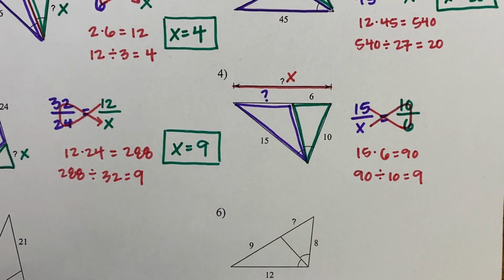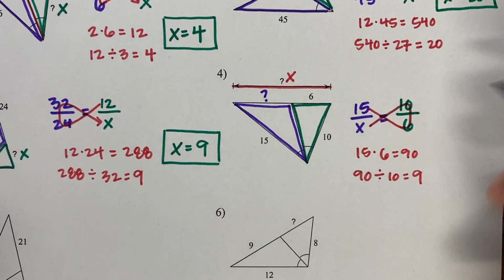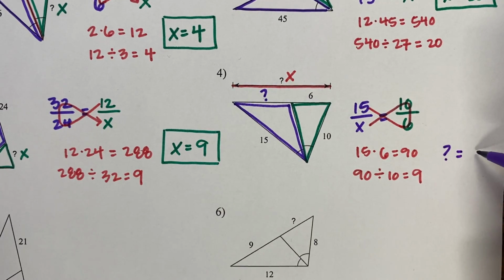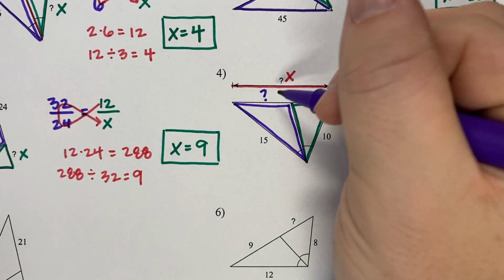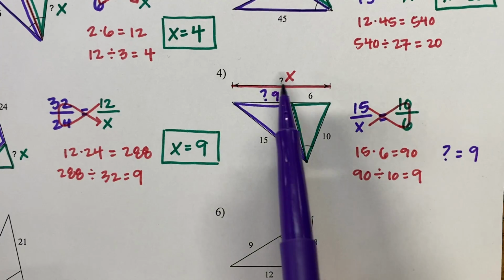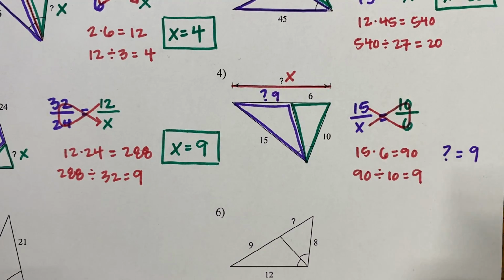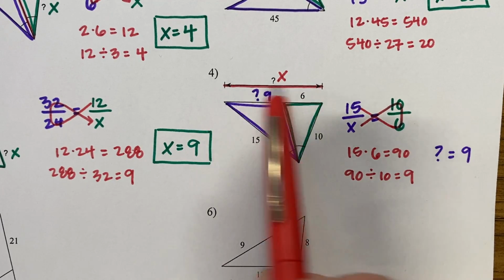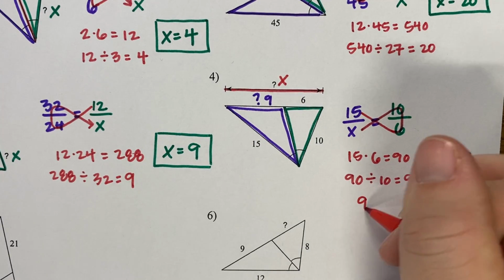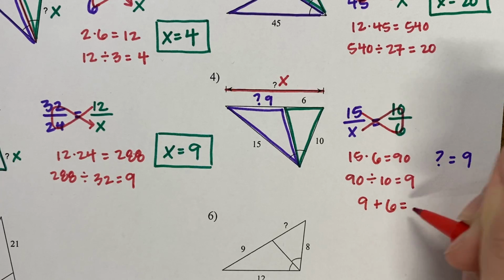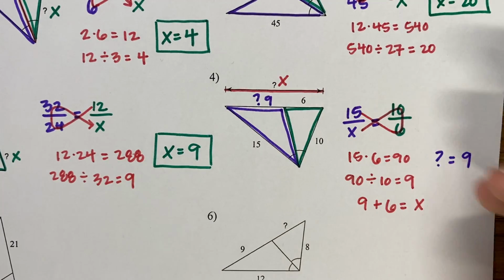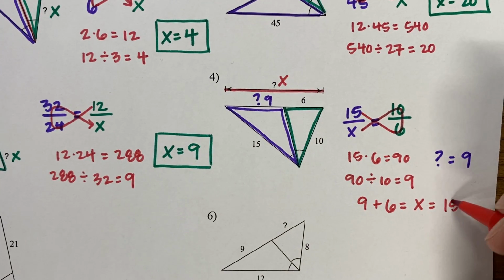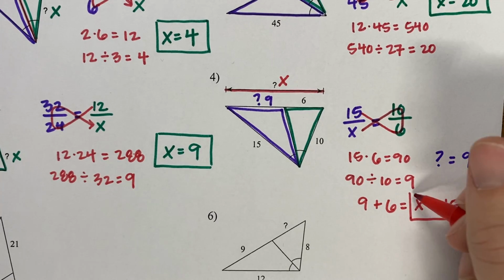Okay, so again, we see that that missing side of our purple triangle, I'll just call it our question mark, is 9. Okay, so then if we want the whole thing, we just take 9 plus 6. That's going to give us that whole side. 9 plus 6. So we know that our x, that whole side, is equal to 15.